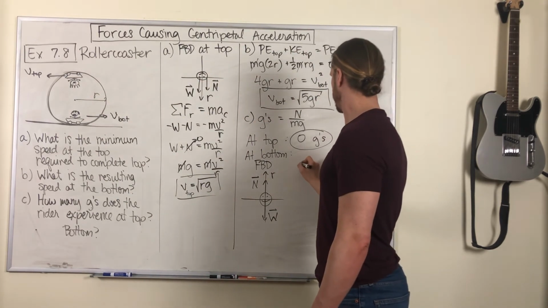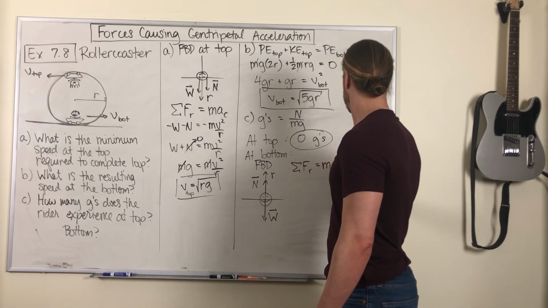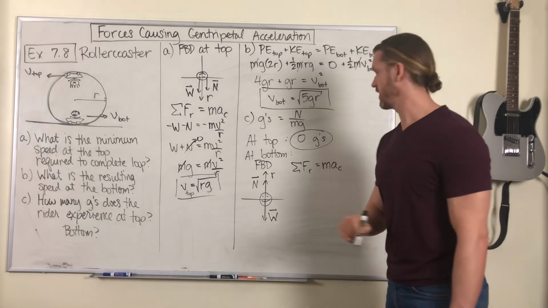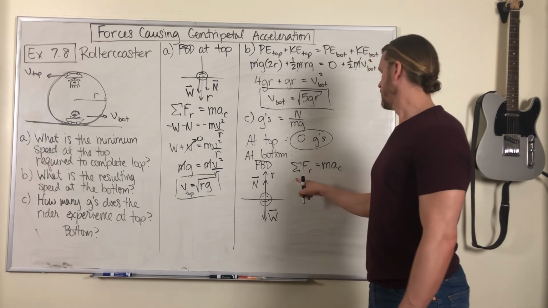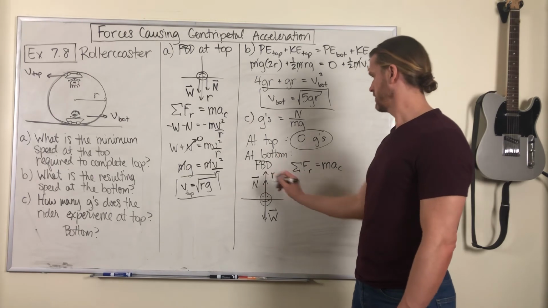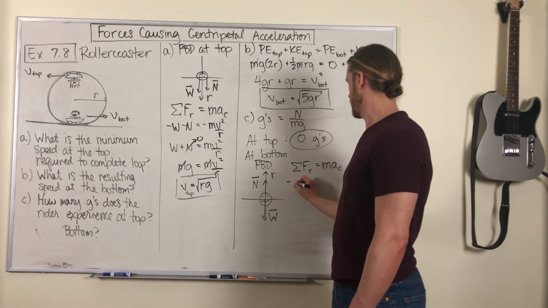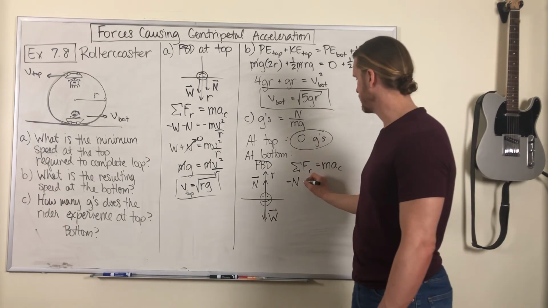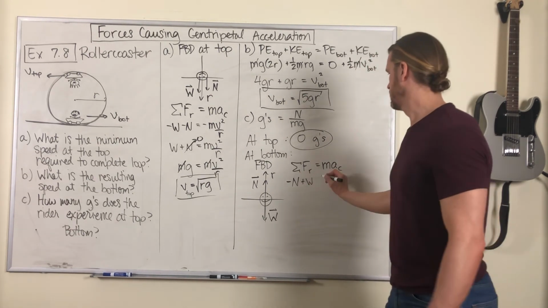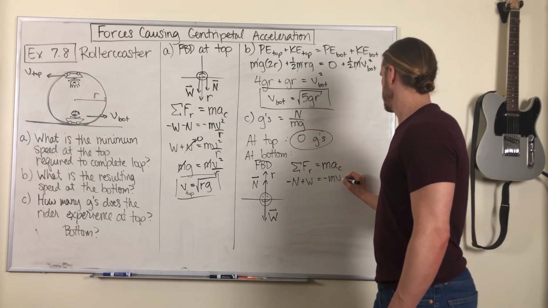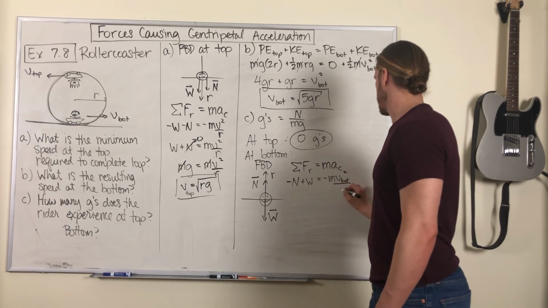Okay, so we've got that circular version of Newton's second law. Now we have to be careful with the signs. The radial direction is up, so we've got minus n and minus w equals minus mv at the bottom squared over r.